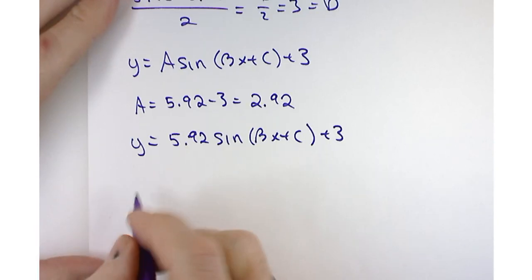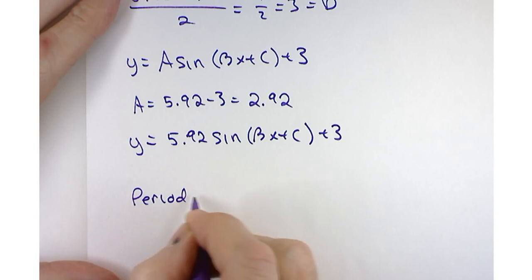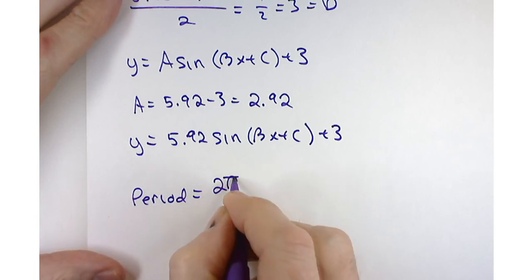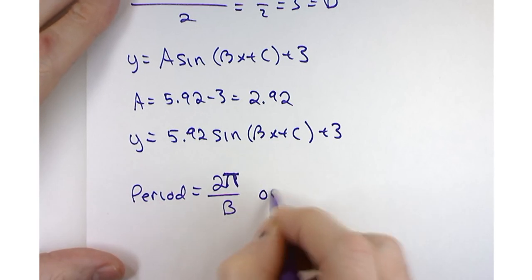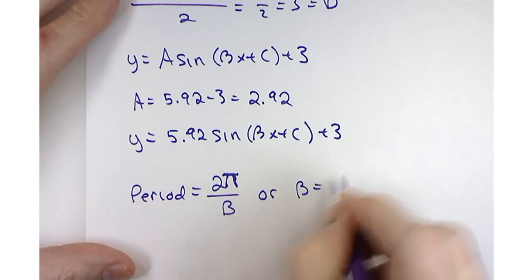Now you might remember that the period of a function is 2 pi divided by b. You could turn this relationship around. If you multiply both sides by b and divide by the period, you get b equals 2 pi divided by the period.